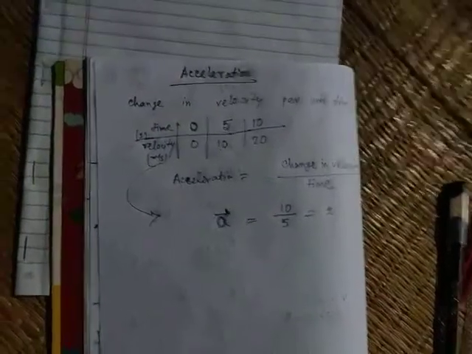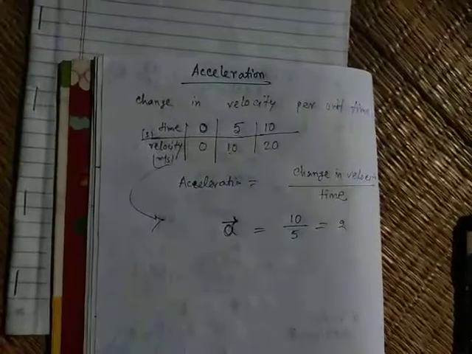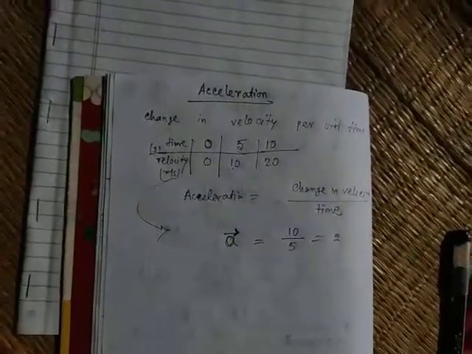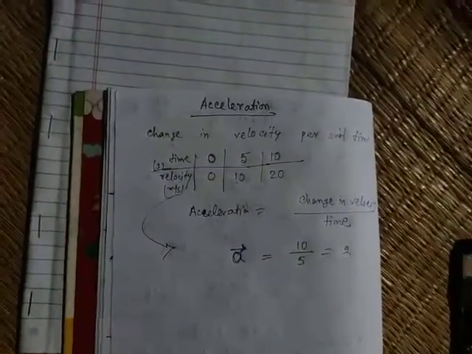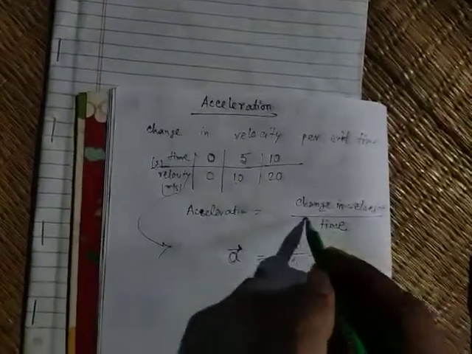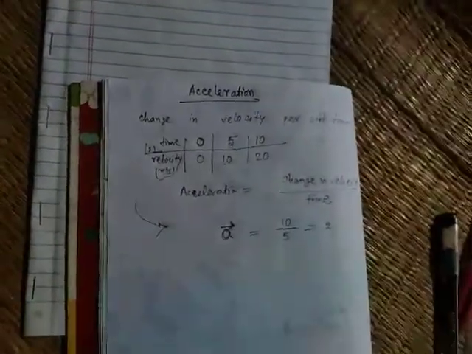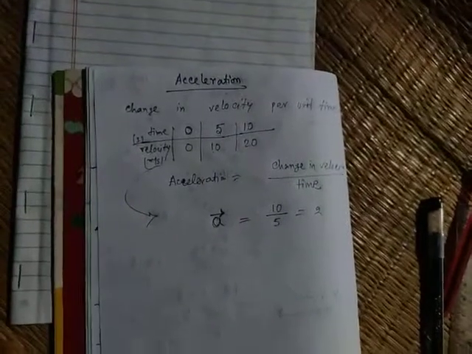For the acceleration, one thing I tell you: to have acceleration in an object, there must be a change in velocity. If there is no change in velocity, there is no acceleration.